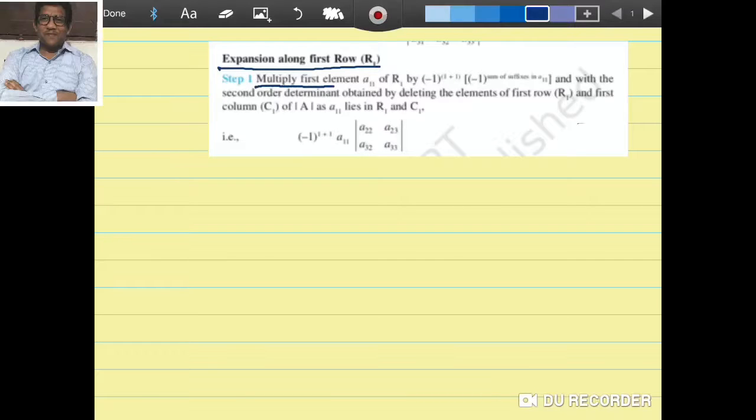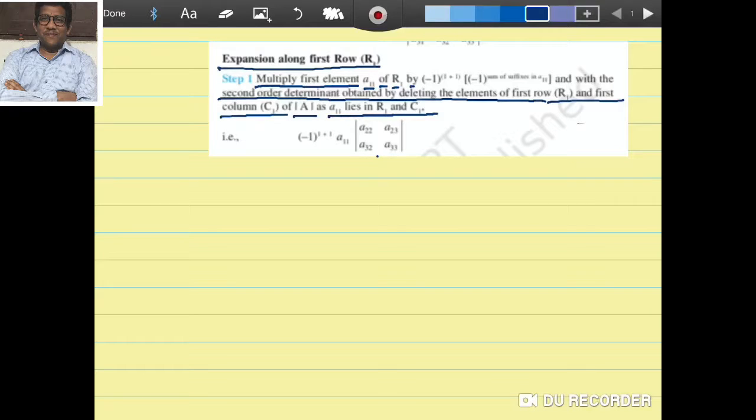Multiply the first element a11 of R1 by minus 1 to the power 1 plus 1 and with the second order determinant obtained by deleting the elements of the first row and first column of determinant A, as a11 lies in row 1 and column 1.